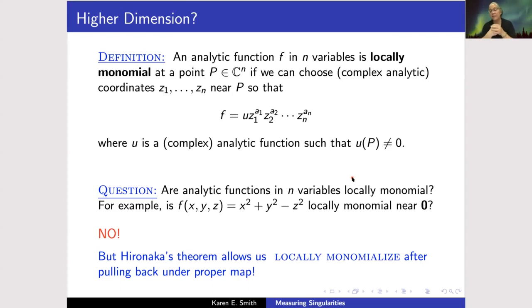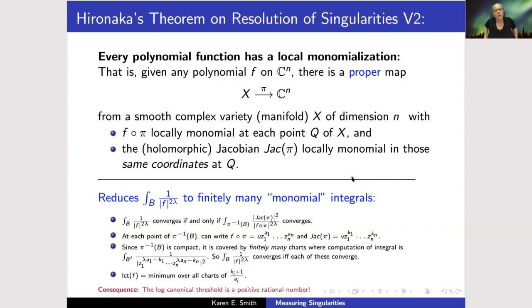But the amazing thing about Hironaka's theorem that I discussed yesterday, and you don't need to remember that, I'm going to tell you again in a different version that might look quite different, is that Hironaka's theorem allows us to locally monomialize any analytic function, or any polynomial is what we're interested in. So let me state that theorem.